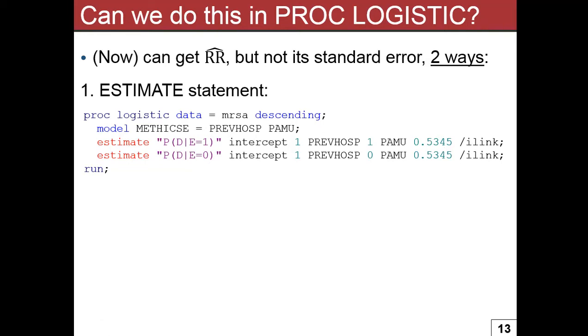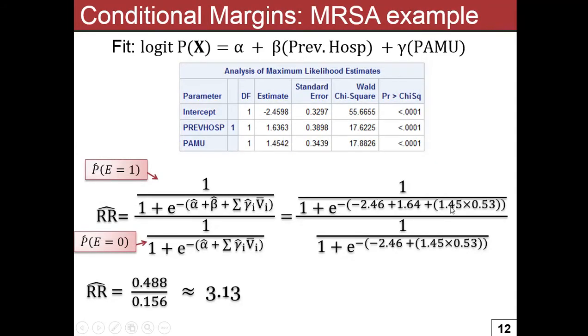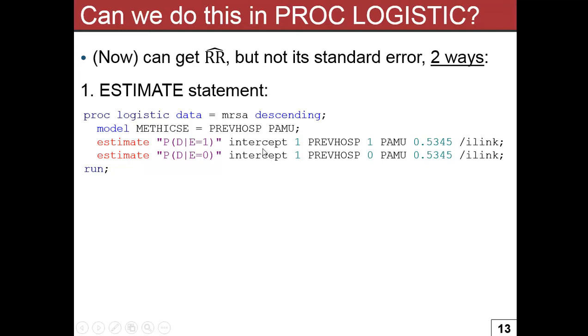Imagine you used proc means to compute this. Then the next line, intercept 1, previous hospitalization 0, or you can just leave it out and it's a 0. And then PAMU 0.5345. So you're telling SAS how to do this, but you're not plugging in 2.46. It's going to do that. It's going to go find the alpha hat and the beta hat and all of that.